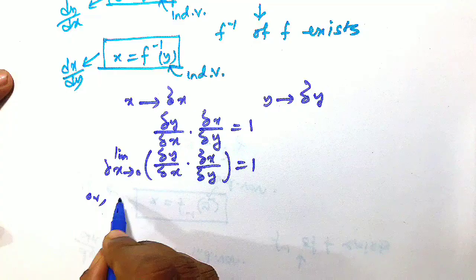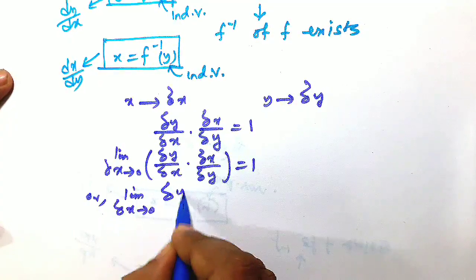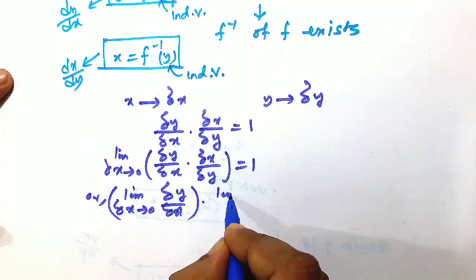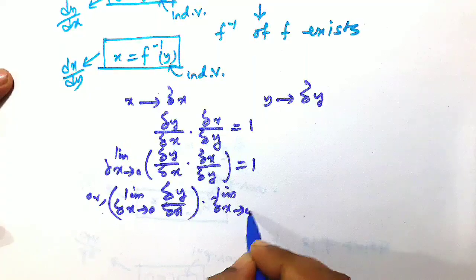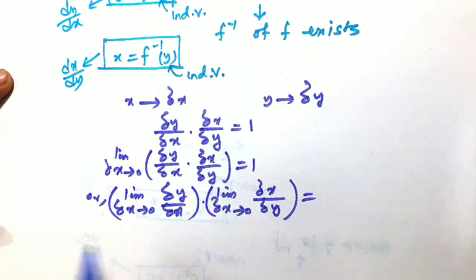Okay, so limit delta x tends to 0 of delta y/delta x into limit delta x tends to 0 of delta x/delta y is equal to 1.